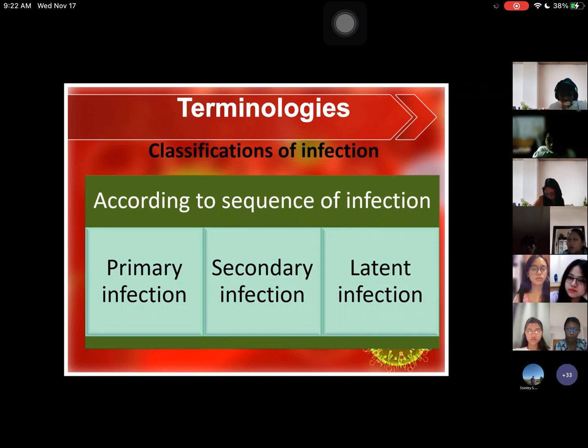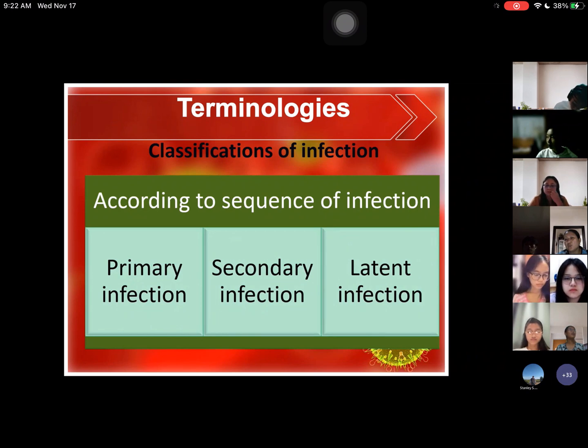You already recovered from the disease, but the pathogen is still there. Okay, but the moment your immune system weakens, it will develop to shingles. What is shingles? This is actually the infection of our nerve tissues.